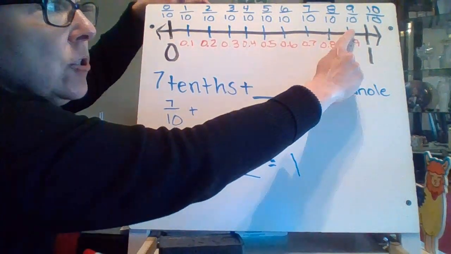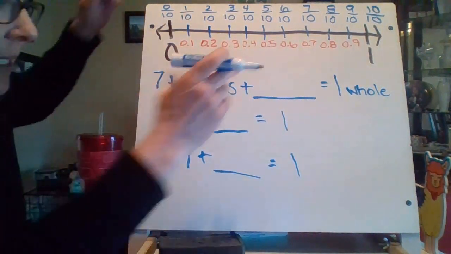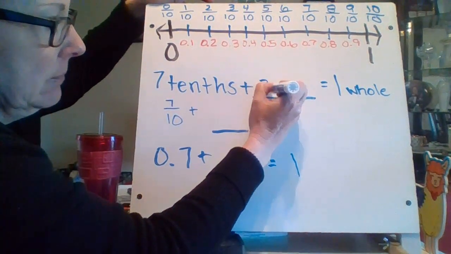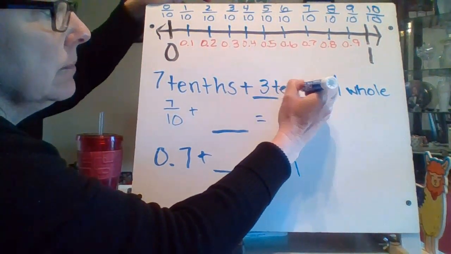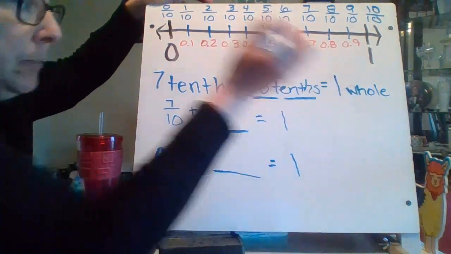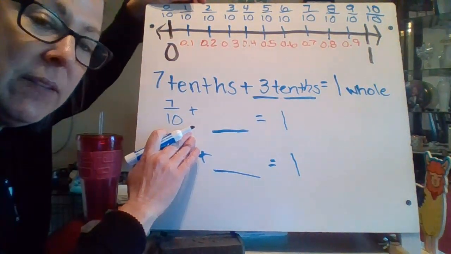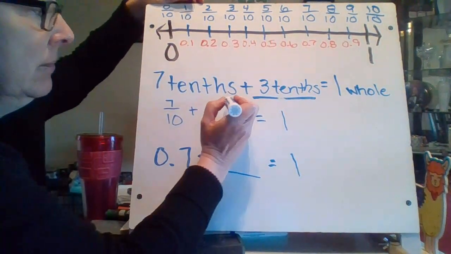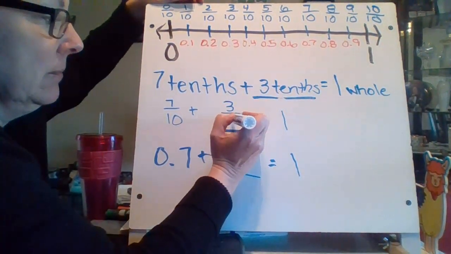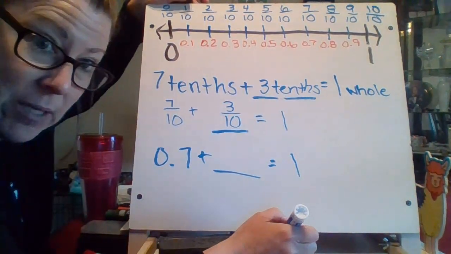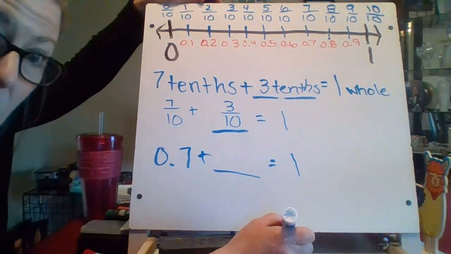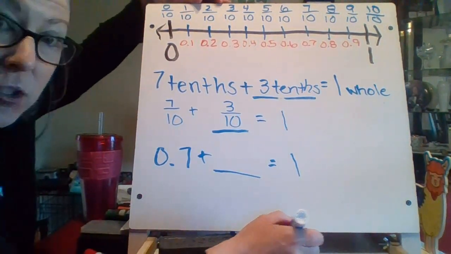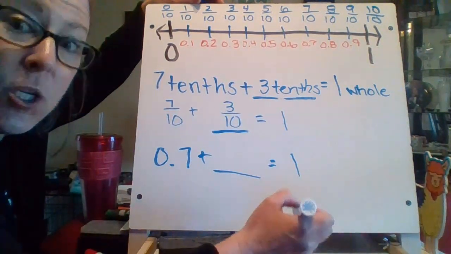I need 1, 2, 3 more tenths. We've done this previously with fractions. I know if I have 7 of the tenths, 3 more of them is going to give me the whole thing because 7 plus 3 is 10. 10 tenths is 1 whole.